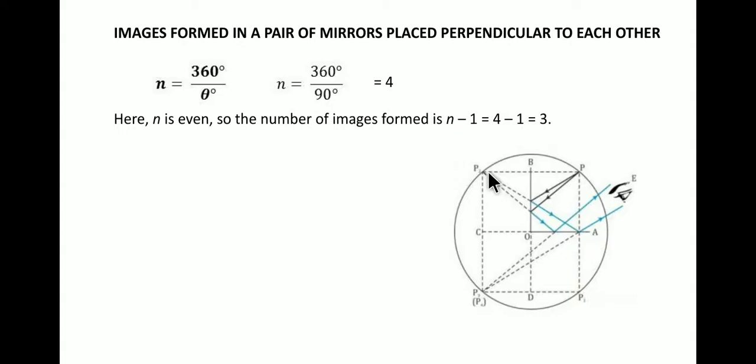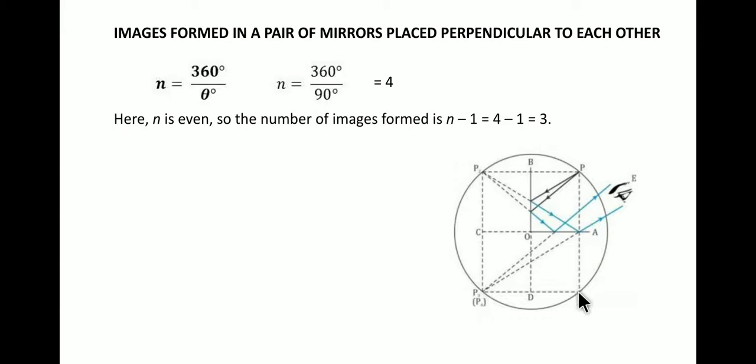Or we can say again, the same point will be formed as the image if this point is reflected over here through this mirror, and through this mirror again the point will be the same one, meaning the two images will intersect. However, in this diagram, only the reflection of this point is shown over here.